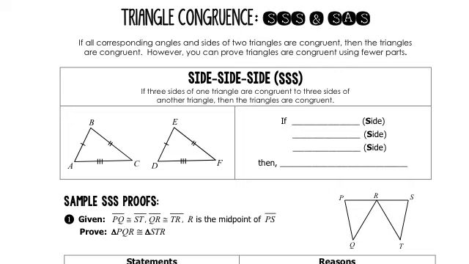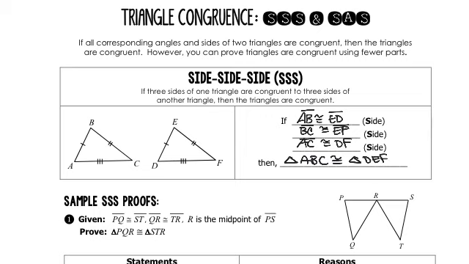So if here AB is congruent to ED and BC is congruent to EF and AC is congruent to DF, then the whole triangle ABC is congruent to triangle DEF.